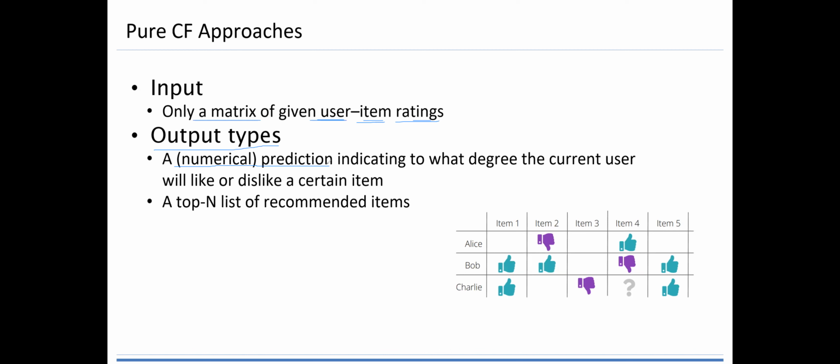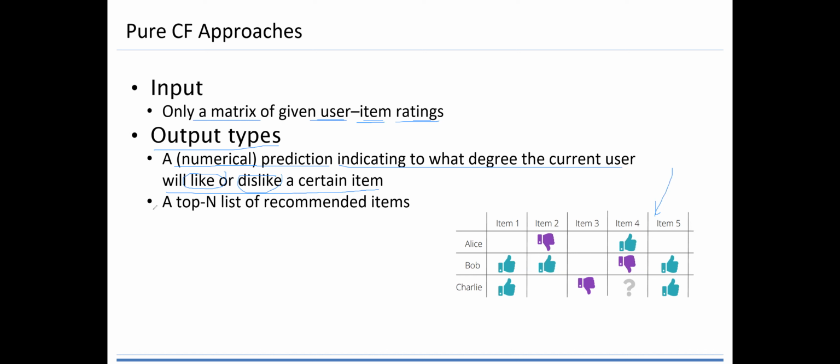It can be a rating number like 1, 2, 3, 4, 5, or, as in this example, 1 and -1, where 1 means good and -1 means bad. So a numerical prediction indicates to what degree the current user will like or dislike a certain item.